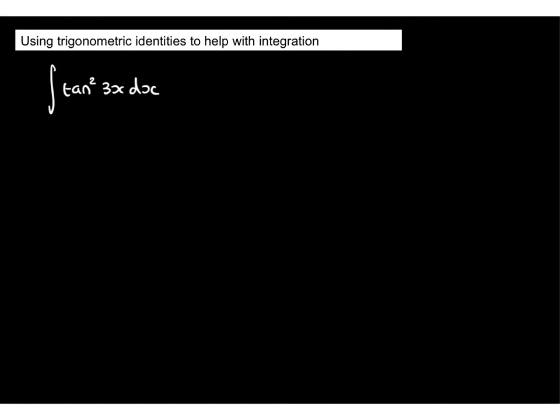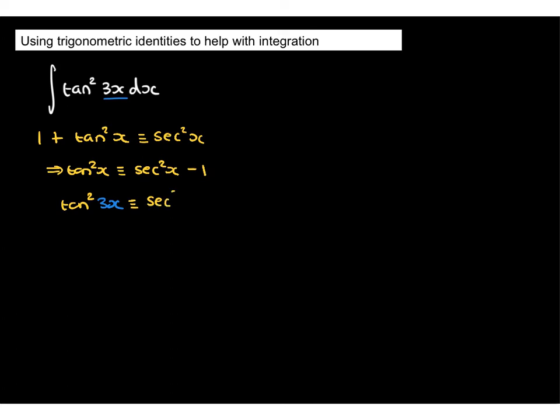But you may recall there is an identity which tells us that 1 plus tan squared x is equivalent to sec squared x, which can be rearranged, so tan squared x is equivalent to sec squared x minus 1. Now, we're dealing with tan squared 3x, so if I adjust this to tan squared 3x in the identity, that is then equivalent to sec squared 3x minus 1.